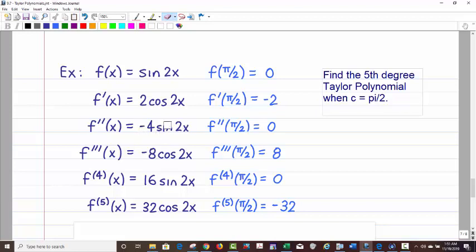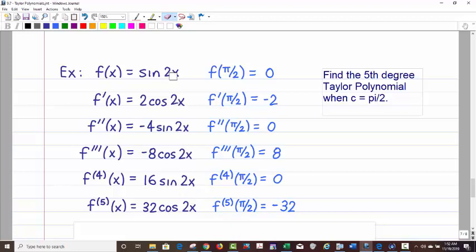When we bring out another 2 it makes 8, so it becomes cosine. Now the derivative of that cosine makes a negative sign, which turns this negative back to positive, and keeps bringing 2's out, so now we have a 16. Then the derivative of 16 sine of 2x will be 32 cos of 2x.